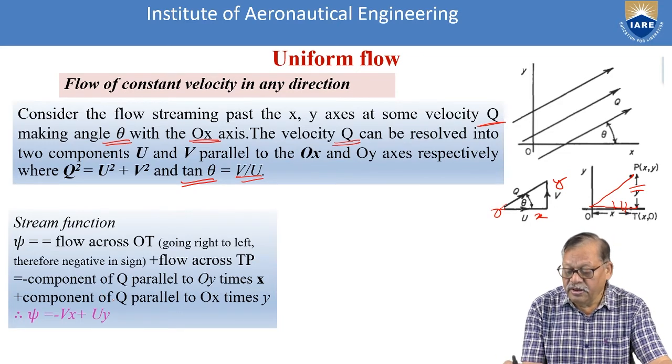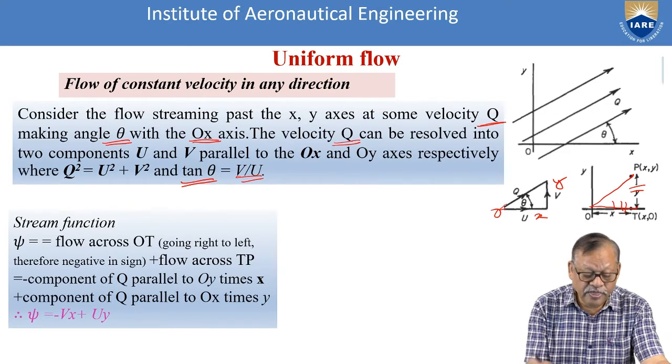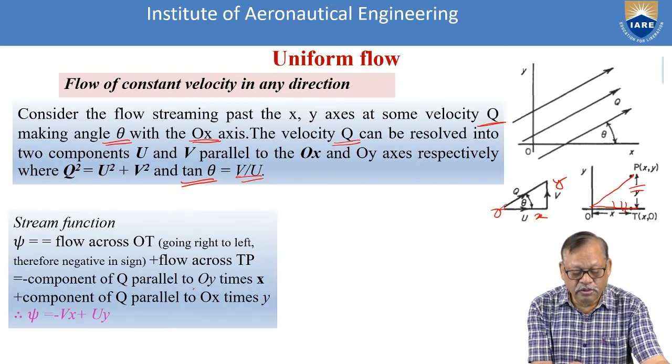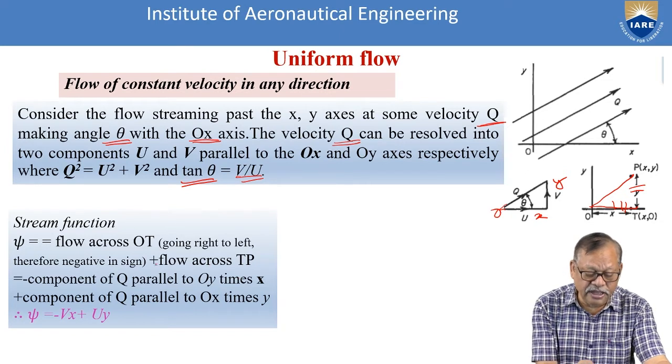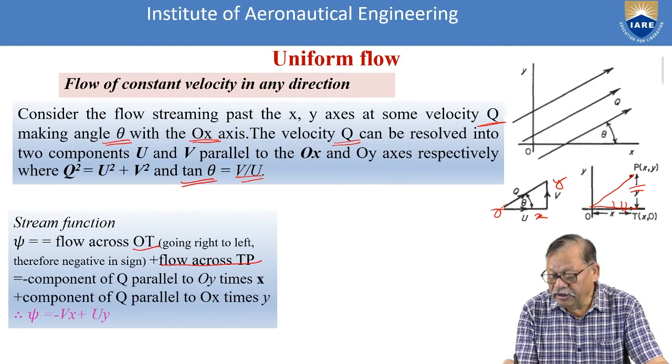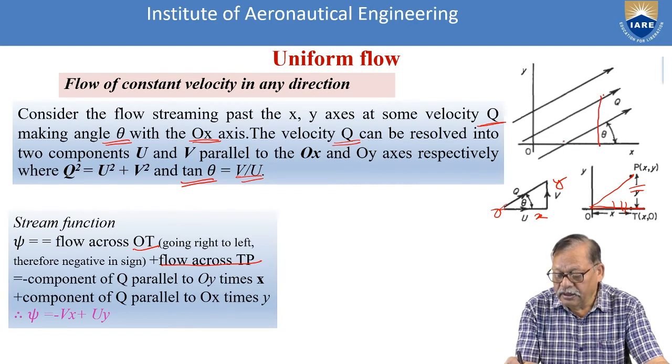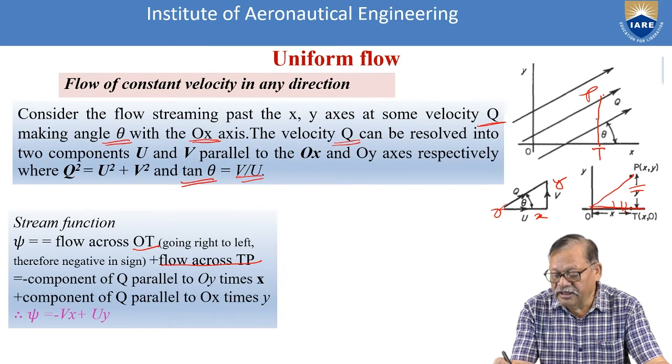It comes from resolving, as V is upward, right? So the component of Q parallel to, or maybe read out again. Therefore, the flow across OT, that means O to T. If you consider a point P here, then this is T and this is P. What will happen in this case?